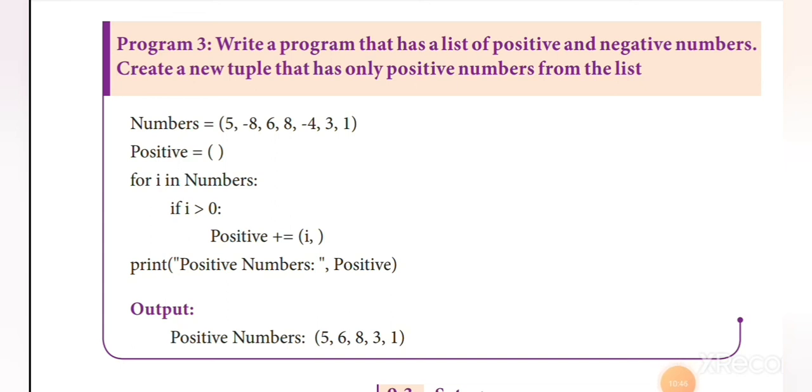When the condition is true, it is added to the tuple positive. Then again the control transfers to the for loop and takes the second element. What is the second element? Minus 8. It checks the condition minus 8 greater than 0. The condition is false, so the true block is skipped. Again the control transfers to the for loop and takes the next element, which is 6. 6 greater than 0, the condition is true, so it adds this element. So 5 comma 6 will be added into the tuple, and then it takes the next element. 8 greater than 0, the condition is true, so 8 is also added to the tuple.